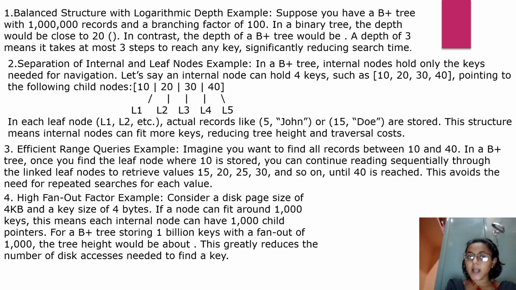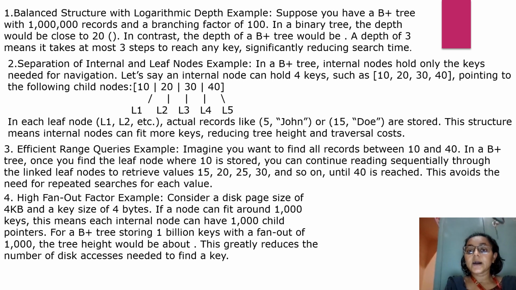Separation of internal and leaf nodes example. In a B+ tree, internal nodes hold only the keys needed for navigation. An internal node can hold 4 keys such as 10, 20, 30, 40, pointing to the child nodes. Internal nodes store the keys needed for navigation to the leaf nodes.